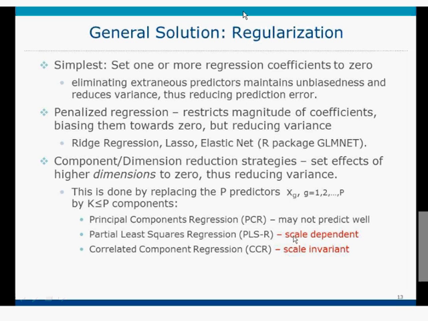One difference between the two, they're very similar, is that PLS regression is scale dependent, which means that if you standardize the predictors so that there's z-scores, you will get different models than if you use unstandardized predictors. Correlated component regression is scale invariant. It doesn't matter whether you standardize or not. We'll talk a little bit more about that difference shortly.